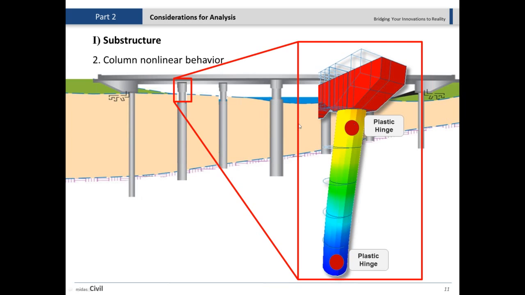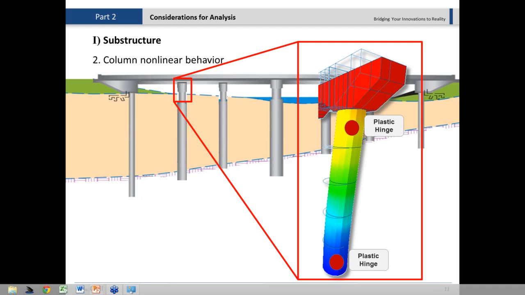If you have such a column or a pier and you push this structure, just assume there's a fixed connection at the top and bottom. The top is maybe not 100% fixed, but we can assume it as fixed. There are two parts, right here and right here at the top, where there is a possibility of the formation of plastic hinges. That means the structure is going to fail through those points.